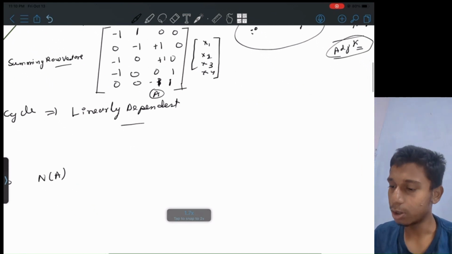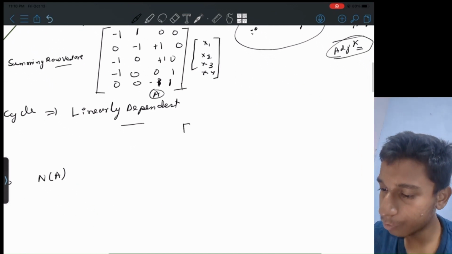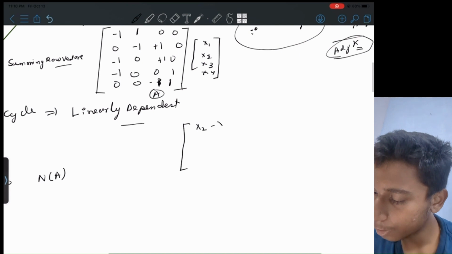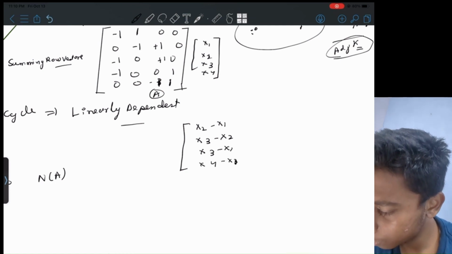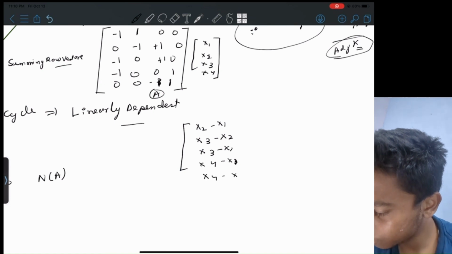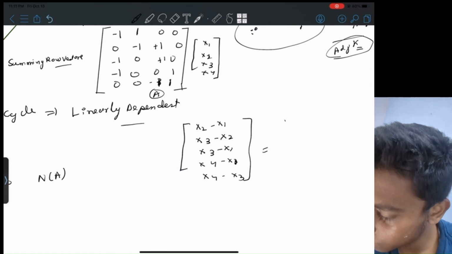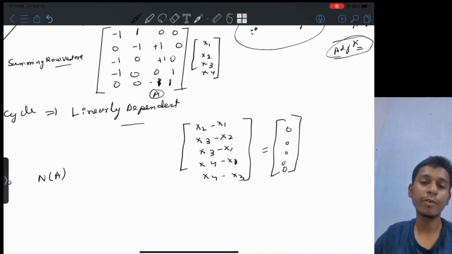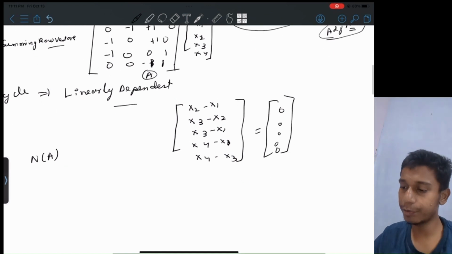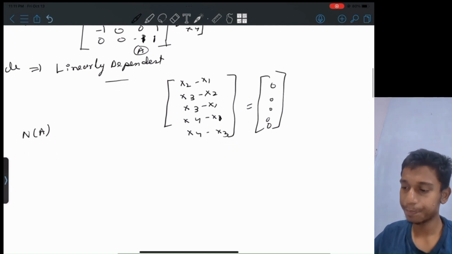So Ax would come out to be x2 minus x1, x3 minus x2, and so on. I need to find the solution of this, which is Ax equals 0.